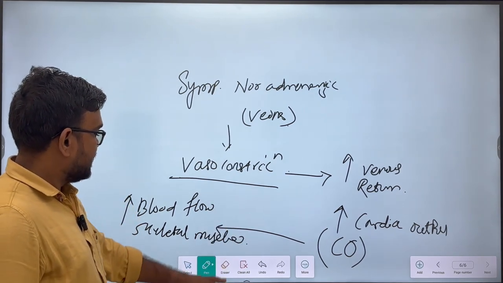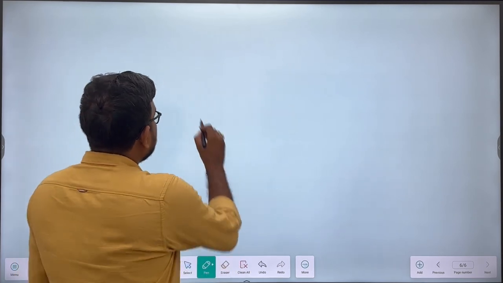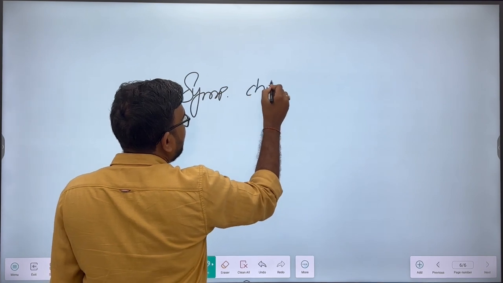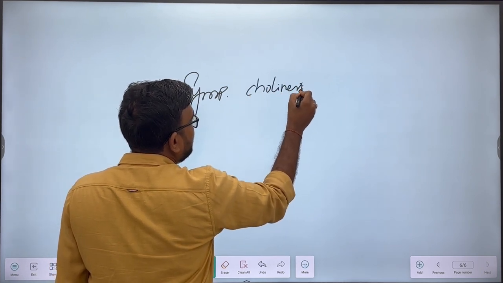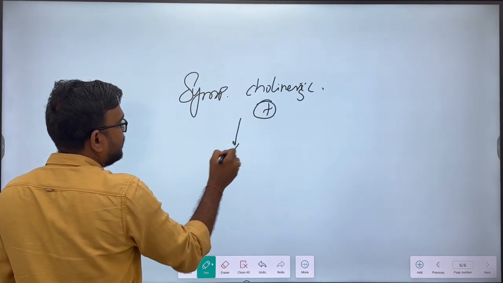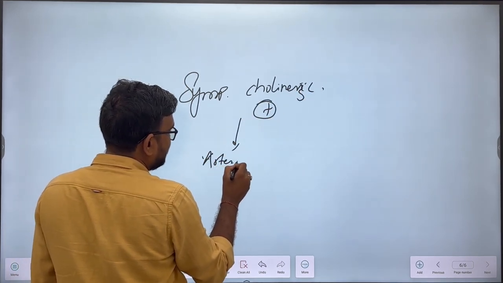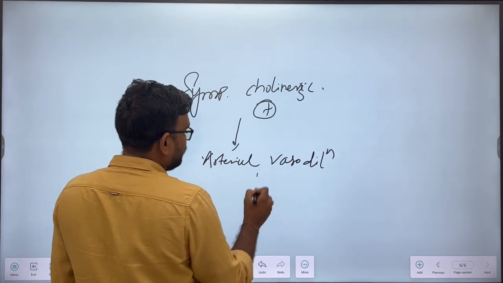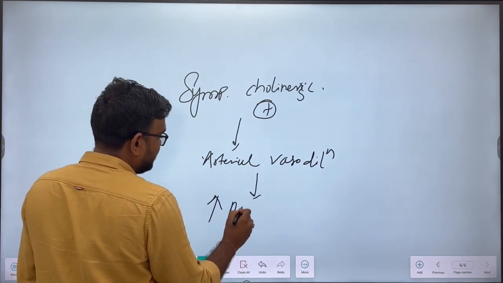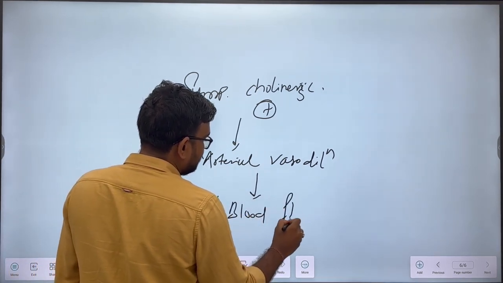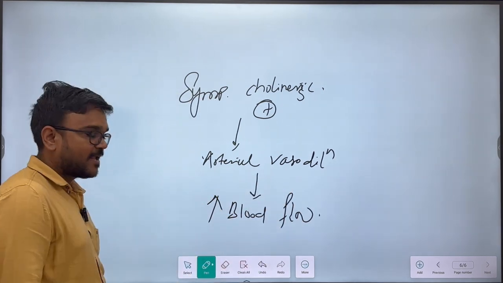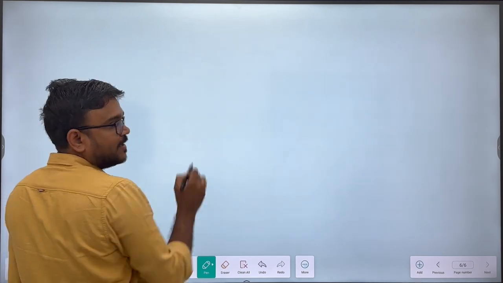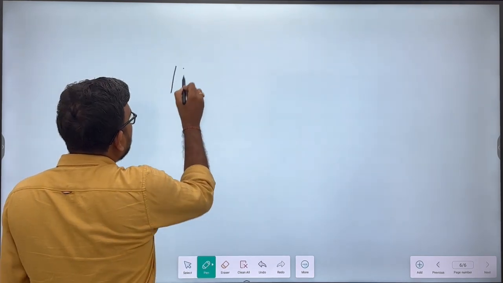The second thing is that whenever sympathetic cholinergic fibers are activated, that causes arterial vasodilation. So increased blood flow.